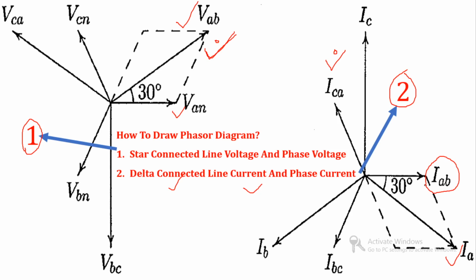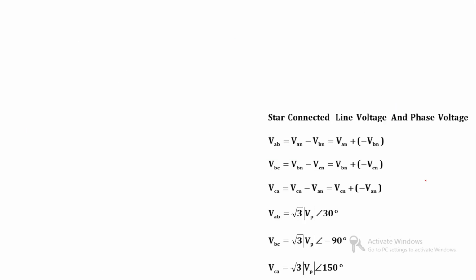So let's start with the first one, that is the star connected line voltage and phase voltage. Before we start to draw the phasor diagram, we have to revise the formulas for star connected line voltage and phase voltage. So VAN, VBN and VCN are the phase voltages for star connection.